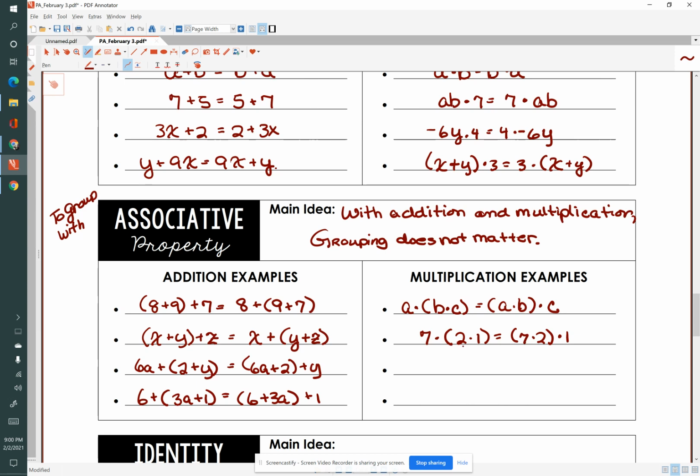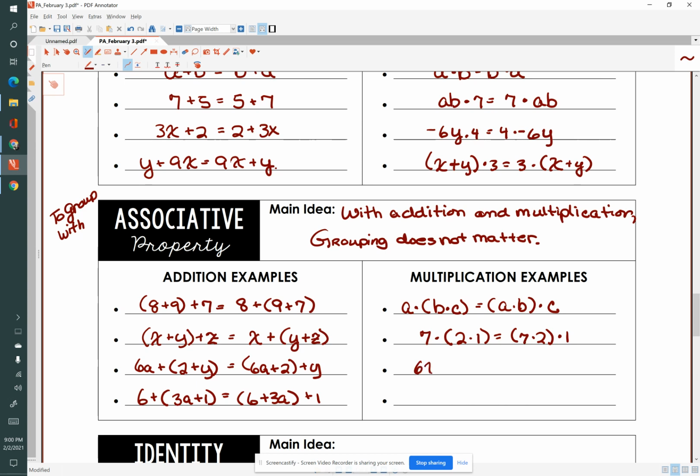So in the first case, on the left side, we would do 2 times 1 is 2, and 7 times 2 is 14. On the right side, we would start with the parentheses and say 7 times 2 is 14, and 14 times 1 is 14. So either way we do it, both sides equal 14.